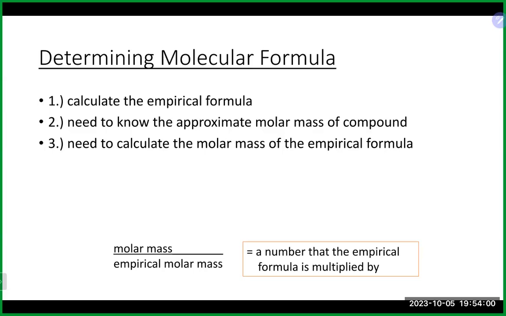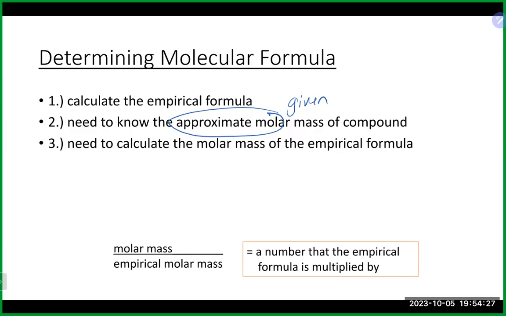The good news is this guy right here is usually given to you. So usually somewhere in the problem, they'll say, hey, this thing has a molar mass of like approximately 95 grams per mole. They may also give you even a range of molar mass, like it ranges from somewhere between 90 and 100 in terms of its molar mass.